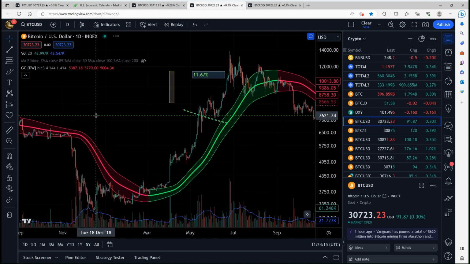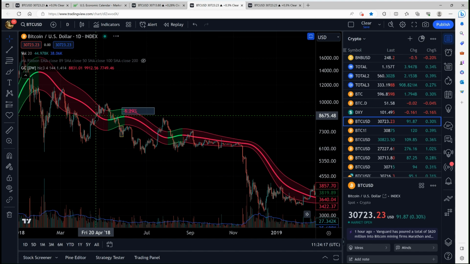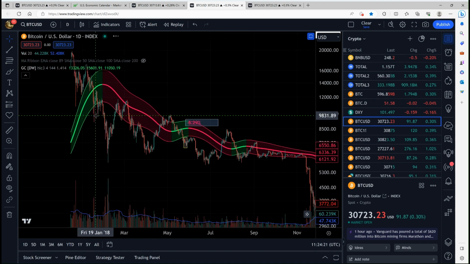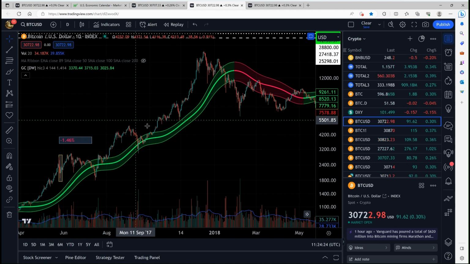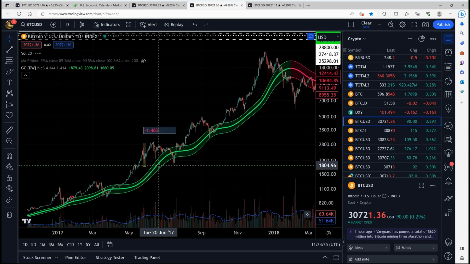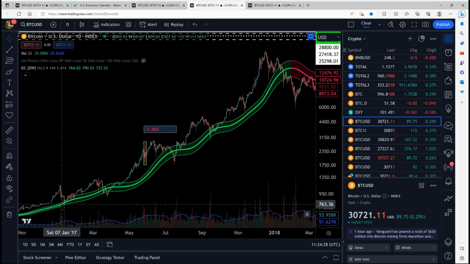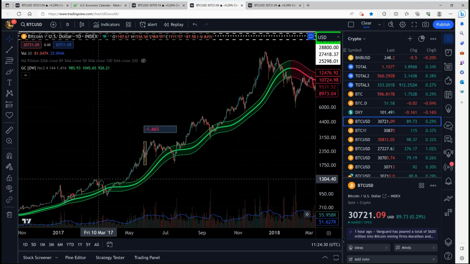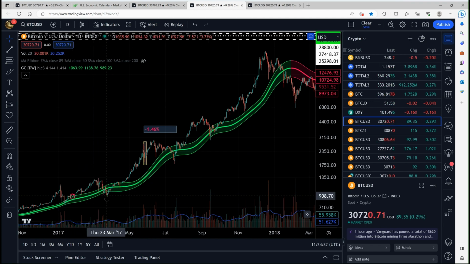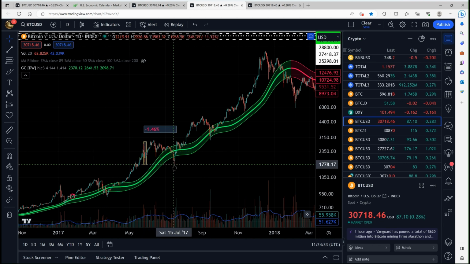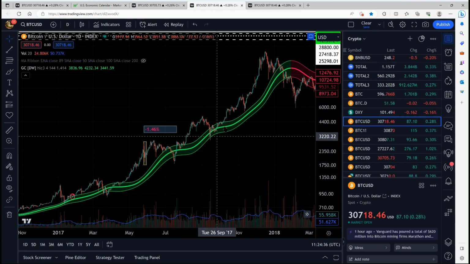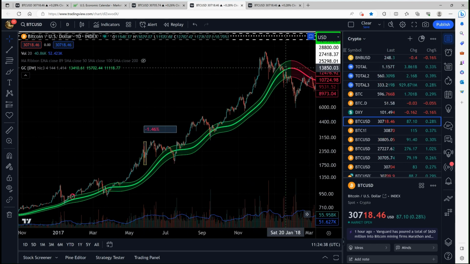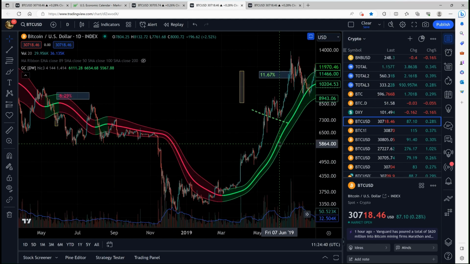Let's go back here. Yeah, 2015 is a good representation of how that has happened on our bull run, where we've fallen into the daily Gaussian channel at the bottom, back up, fallen through, back up, fallen through, back up, and so on and so forth. So that's completely normal.